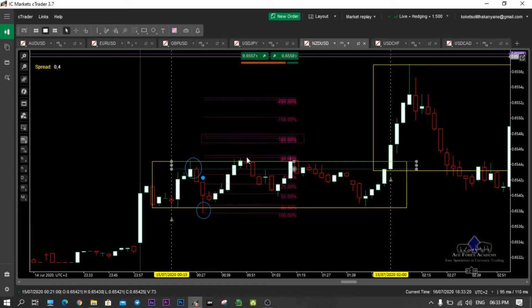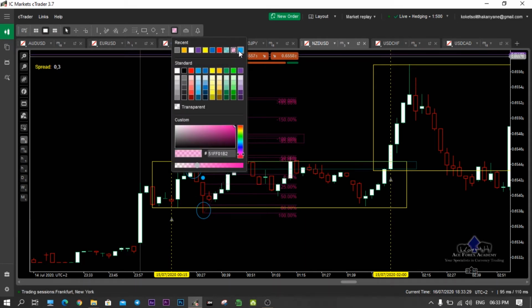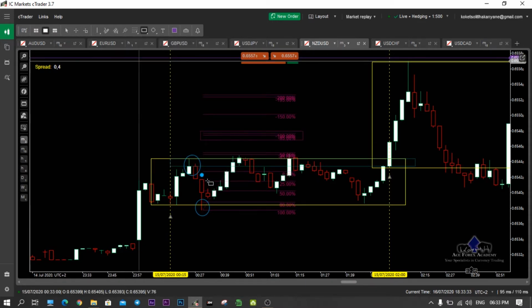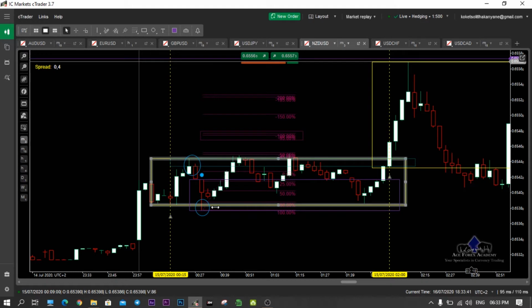Okay, but in future, there are ways in which you can mitigate against this happening, all right? And that's by having a look at the formation of this particular zone over here. We can then see that we had further retracements into our zone, right?